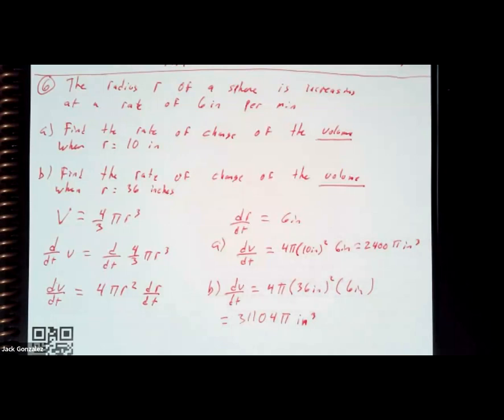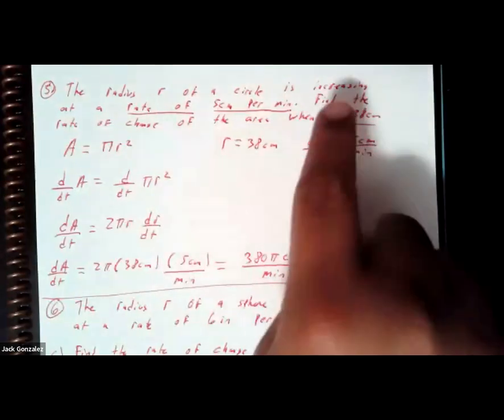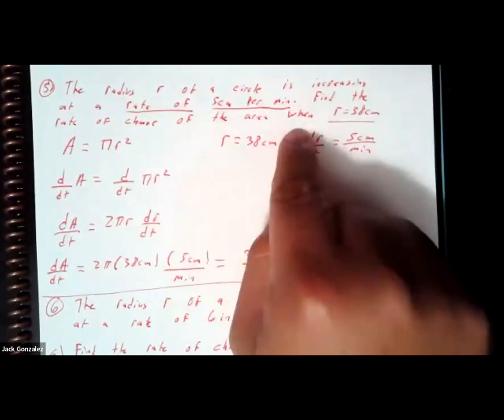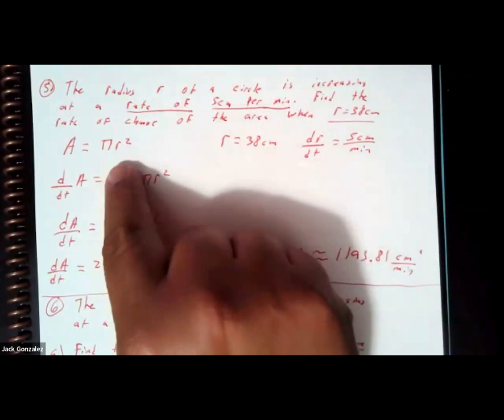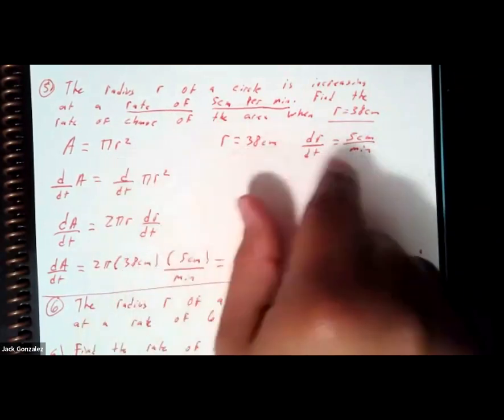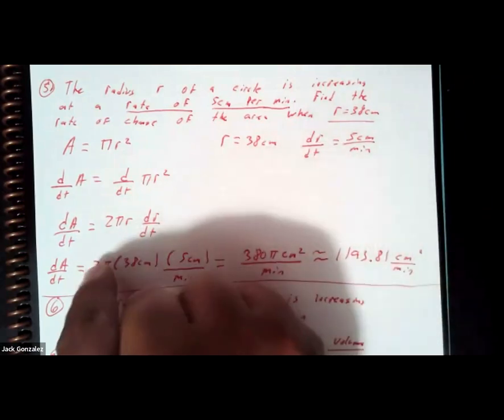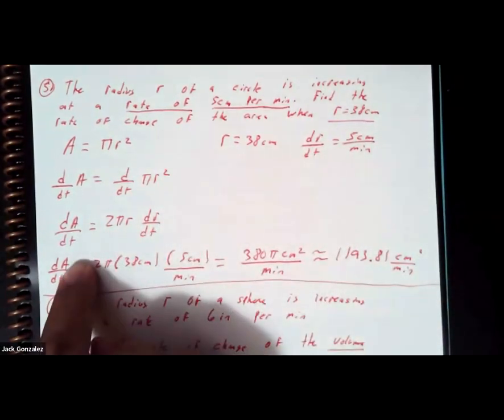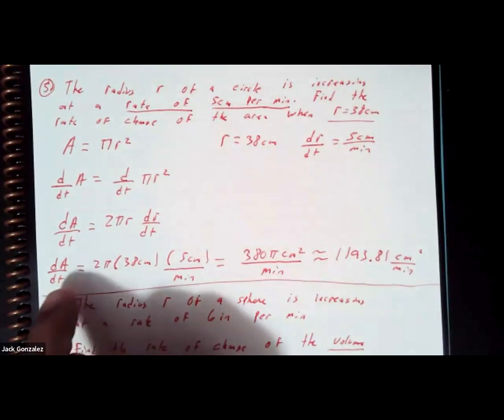But you see the idea for the word problems? We just figure out what formula they're talking about. On the first question up top, they mentioned find the rate of change of the area. So that told me to use the area of a circle, take your derivatives, plug in what they gave you, and you should be able to answer dA/dt, the rate of change of area over time.